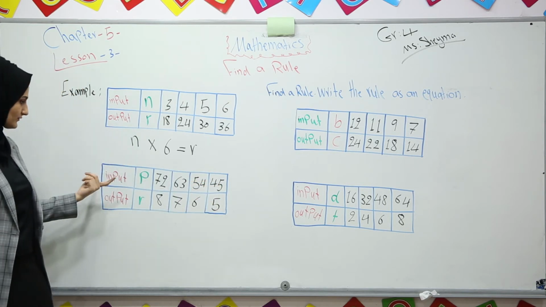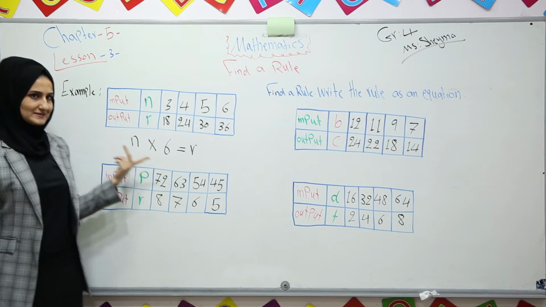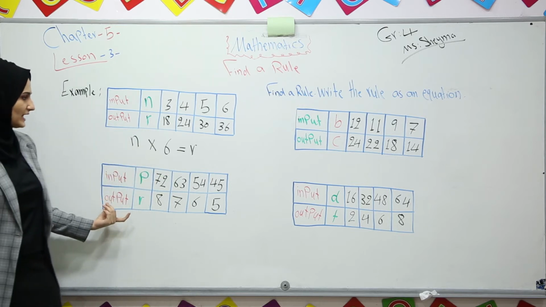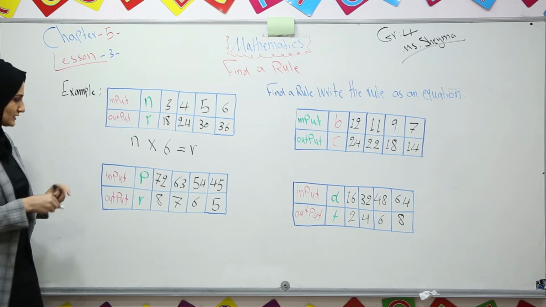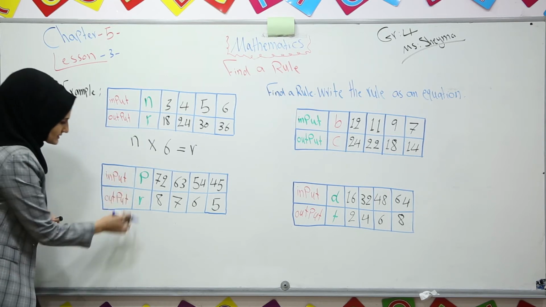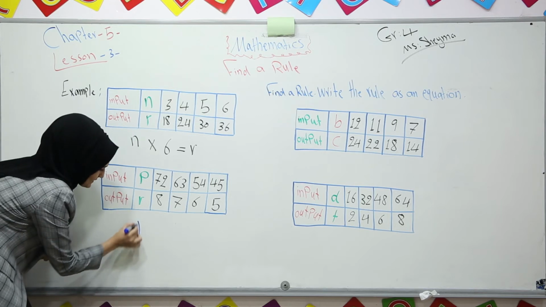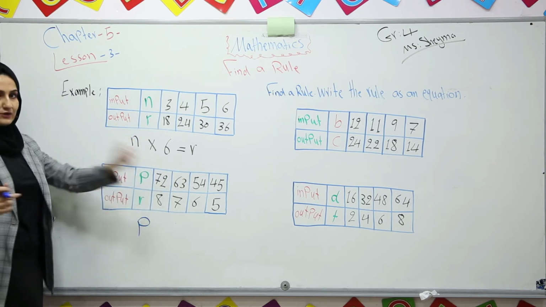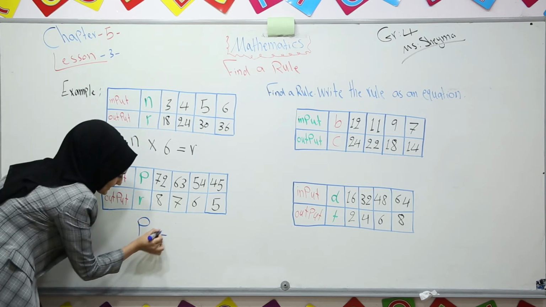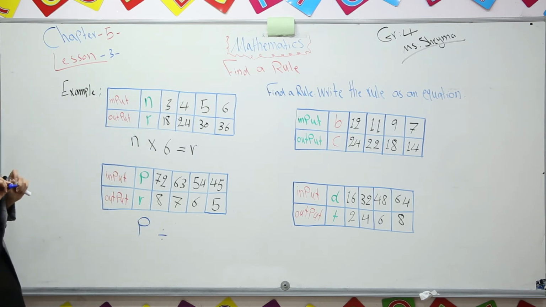So as I told you before, if the input number is greater than the output number, to write an equation we have to use division. Let's write an equation for this box. The input number is P. Input numbers are greater than output numbers, so we'll use divide. Divide by what? Let's think together.